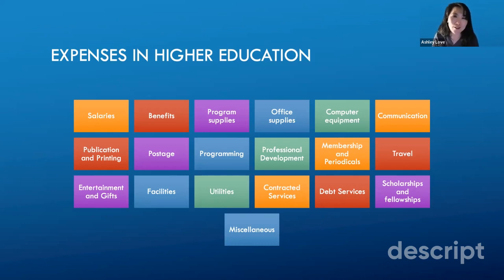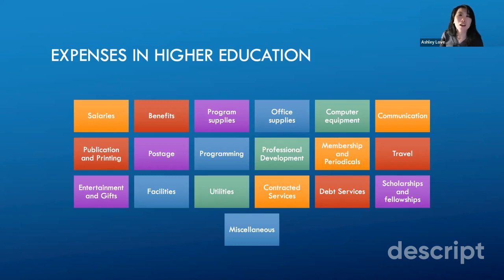So publication is not free. Any kind of publications for posters and things that you're doing is also money. Postage, although we don't send out a lot of mail, is still something to think about. Programming, meaning if you have different events, you need to make sure that you have food and various different things for programming.